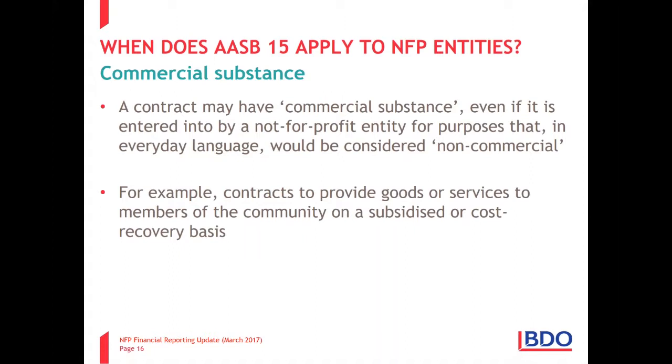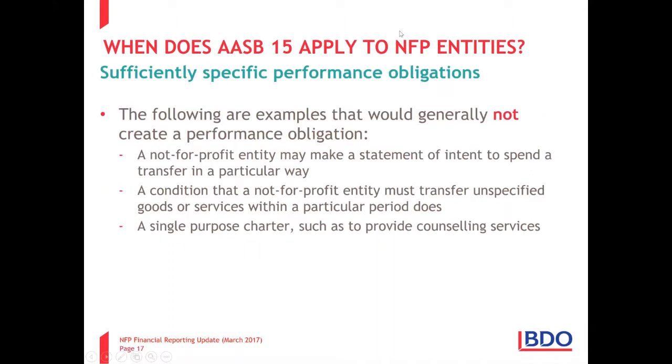So in this Australian application guidance for not-for-profit entities, they specifically say we don't focus on that. The commercial substance is that we are achieving our outcomes, we are improving society, or there are social benefits involved.